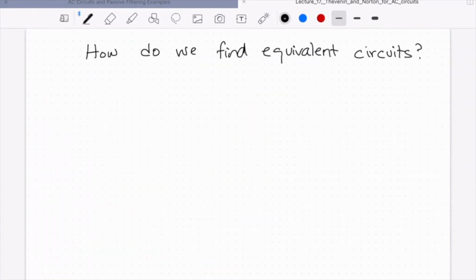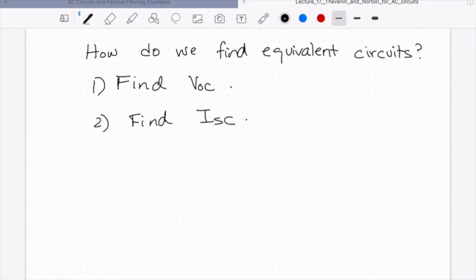Basic process is going to be find the open circuit voltage, VOC, find the short circuit current, I short circuit, and then we know that Z Thevenin is equal to VOC over I short circuit.